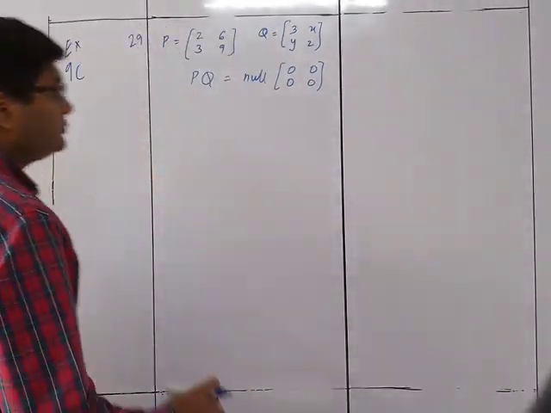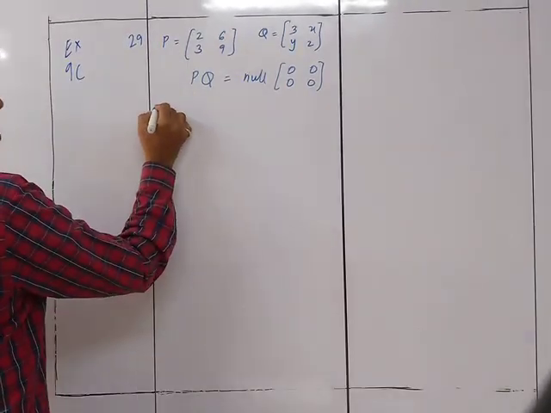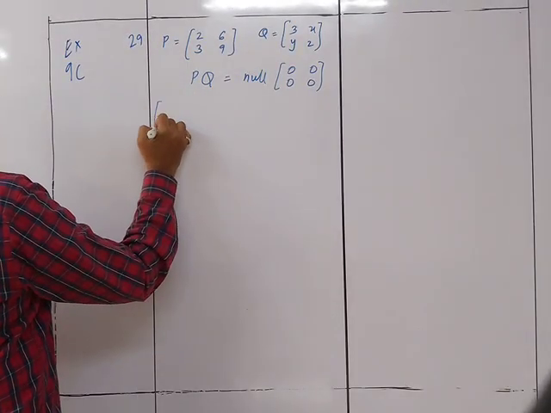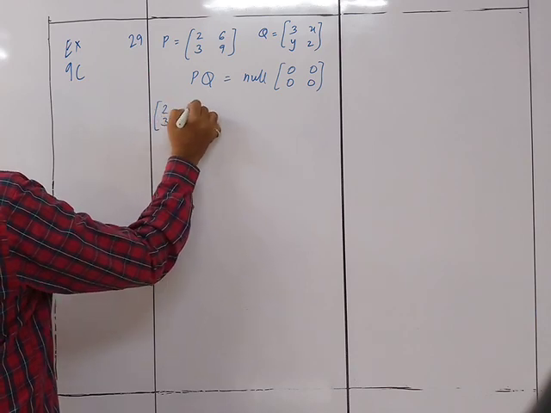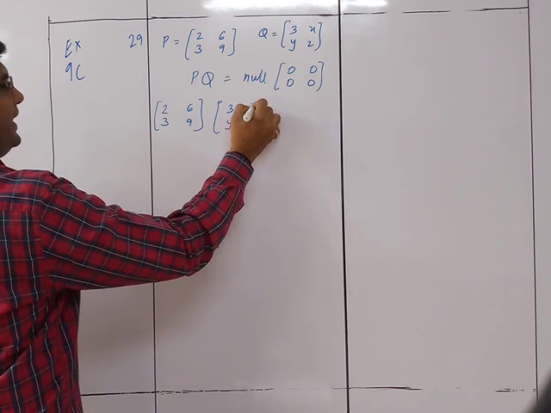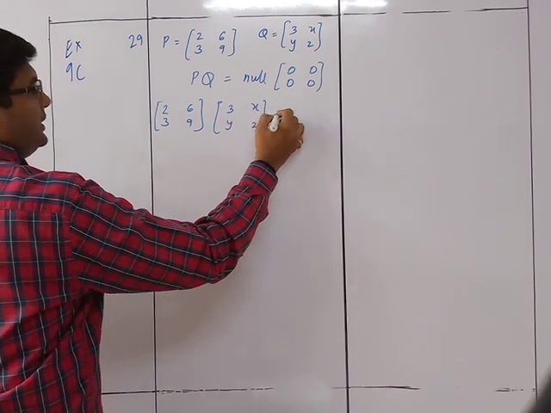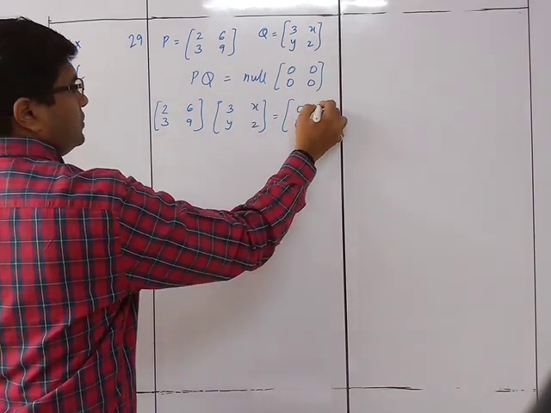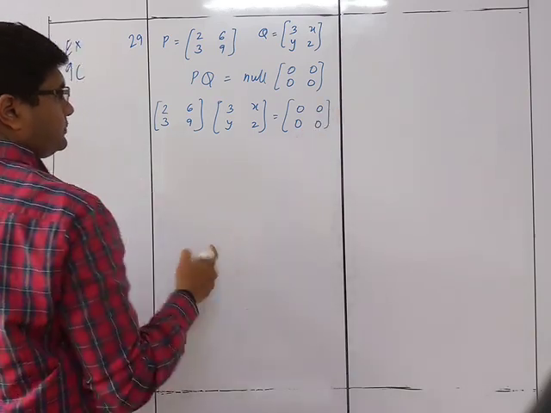Okay, so here we go, PQ. So [2, 3; 6, 9] into [3, y; x, 2] is equal to [0, 0; 0, 0].